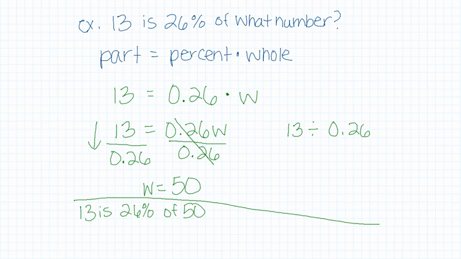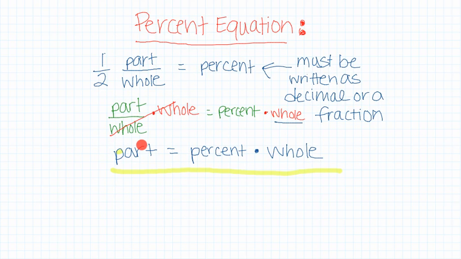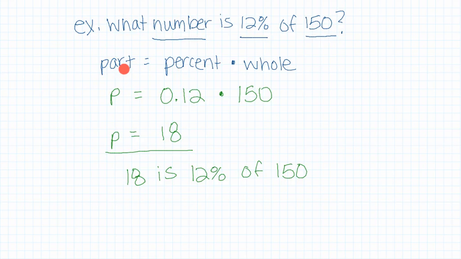Now let's review how we did these examples. On the first page, we just have the definition of a percent equation, which we used the percent proportion to figure out. We multiplied by a whole on each side of the equation, and we figured out that the percent equation equaled a part, which is equal to a percent multiplied by a whole.